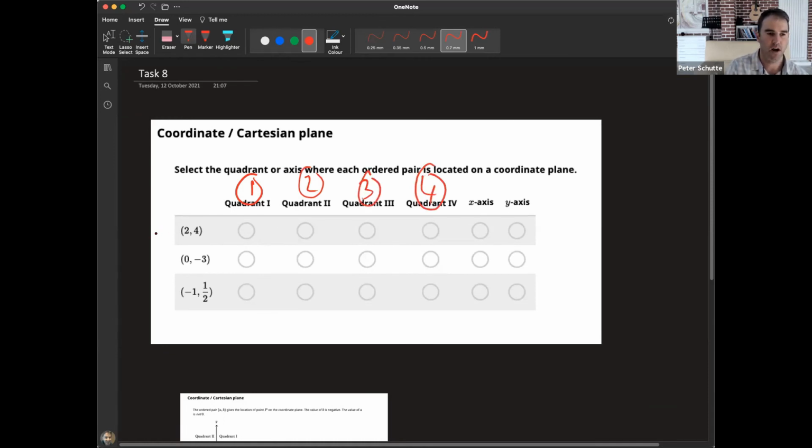And I want to know, should we call this point A, B, and C? I want to know which of these quadrants or on which axes are each of these points. And I'll even draw in a little Cartesian plane for you just so you can visualize that. So I'm going to give you 2 minutes to try and figure out which of these blocks this is going to fall under.